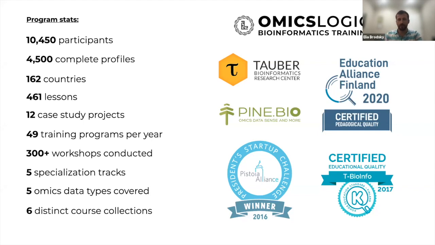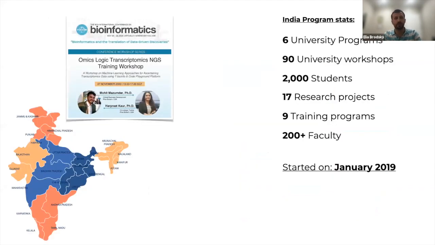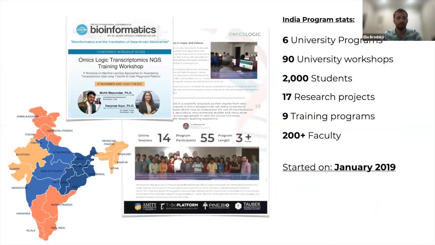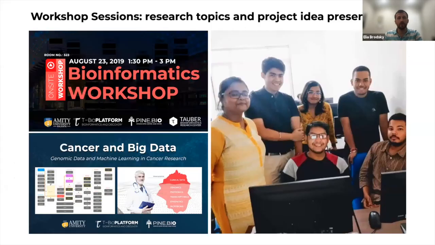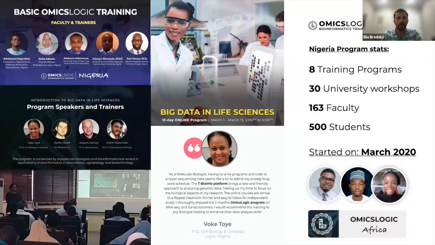And so we developed regional offices, with an office in India that serves many different universities there. Starting in January 2019, we've conducted many different online and in-person workshops and programs. We also recently established an office in Africa, where we have a regional team based out of Nigeria.